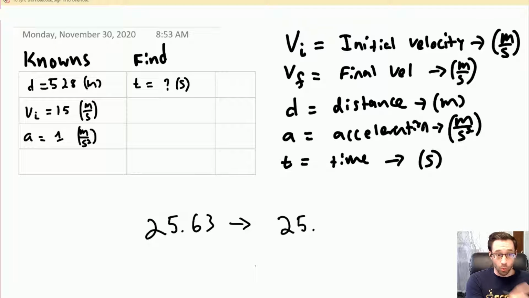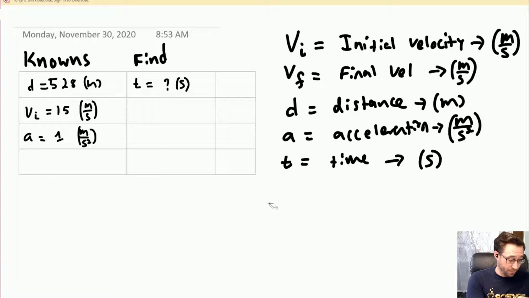If I'm rounding to one decimal point. 25.6. So if I'm rounding to one decimal point, I look at the next spot, and if it's 5 or above, I round up. But if it's below 5, I round down. Same thing with rounding to the nearest whole number.